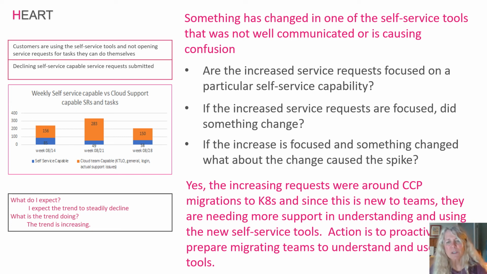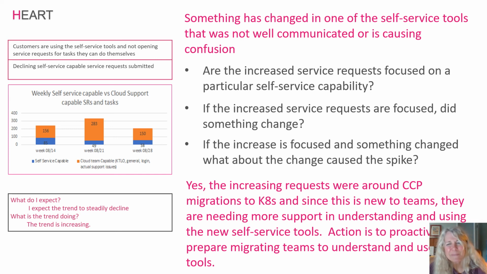And as these teams are migrating, they're not being prepped enough on the new tools that are applicable for the Kubernetes or K8 conductor, and so they are having to ask the support team to do things that they would have done themselves if they were still on CCP. So they found their answer, and now they can work with the team that's managing that project to make sure as teams are migrating, they're better prepped to start using the new tools. All right, so that's what this team found out.